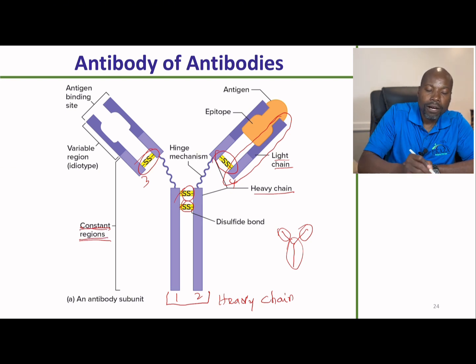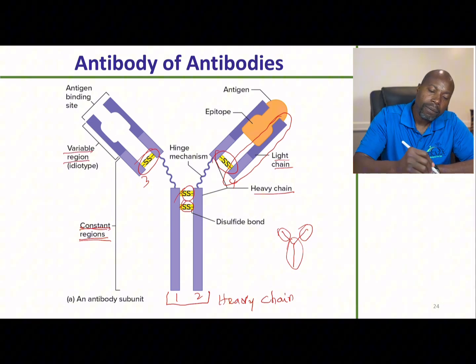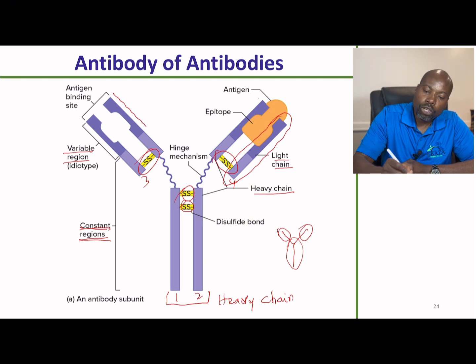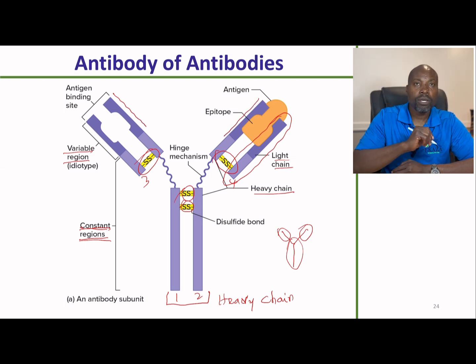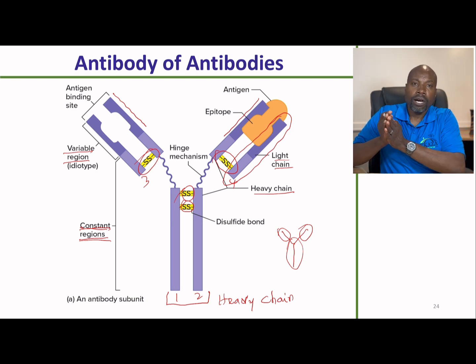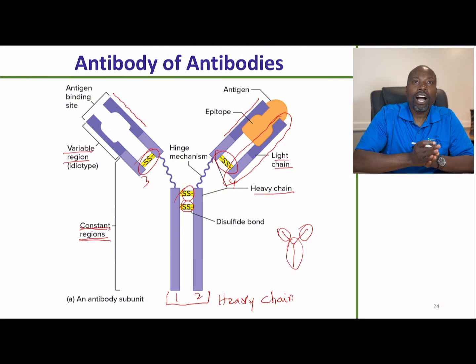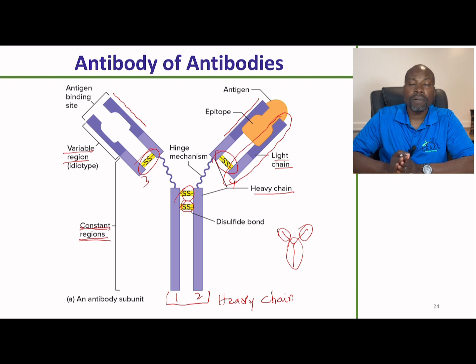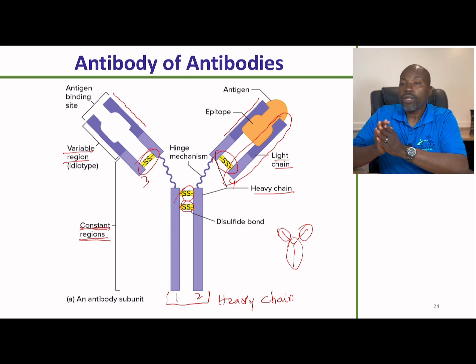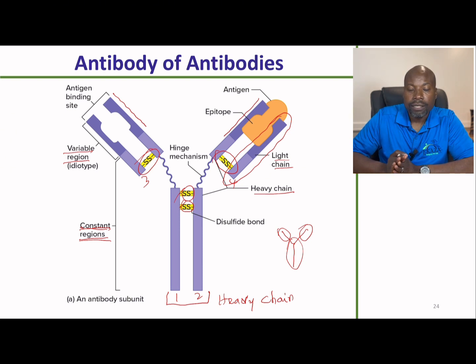And you do have a variable region, right? That variable region is what is going to set apart one antibody of a given class from another antibody of the same class. For instance, one IgG antibody from another IgG antibody.